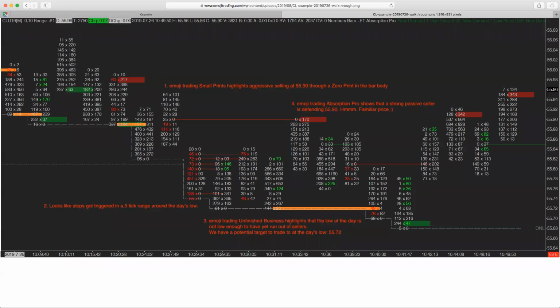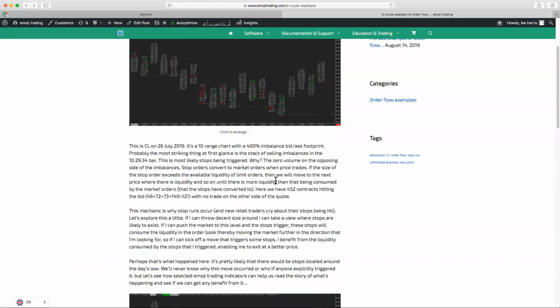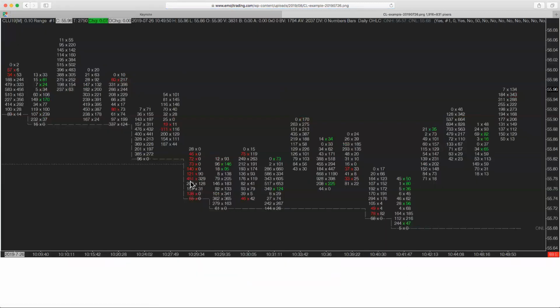But what was most visible, if we weren't adept at reading the raw volume, or if we weren't using any indicators to make life easier, what really stood out was this, which is a stop run. But by getting into the story of what happened during this particular period on CL, we can do some detective work and actually identify it was this area here.